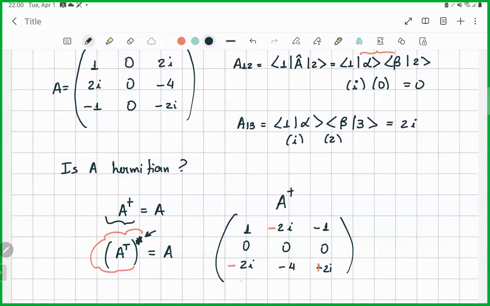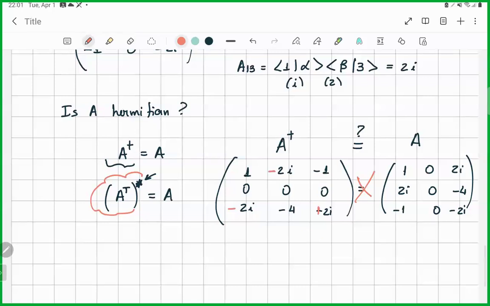And our question is, is this equal or not to the original matrix A? So is this equal or not to 1, 0, 2i, 2i, 0, minus 4, minus 1, 0, minus 2i? Yeah. And the answer is no. No, it's not. So since they are not equal, we will say that no, it is not Hermitian. Okay, and that's the end of this problem.